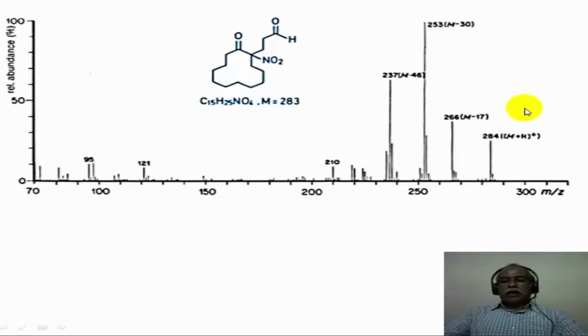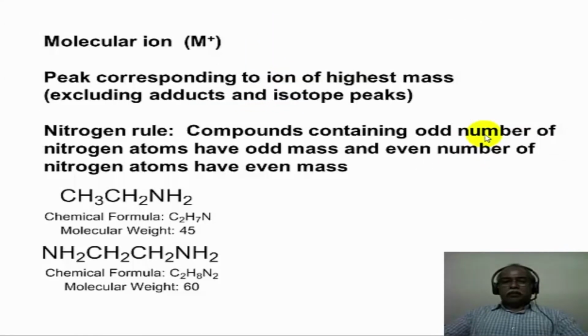However, when this is carried out using methane as a reagent gas and a chemical ionization mass spectrum is registered, you very clearly see the molecular ion peak at 284, which is essentially the molecular weight plus one proton, a protonated species. So one can use chemical ionization mass spectrometry whenever electron impact ionization fails to produce the molecular ion peak of a particular compound.